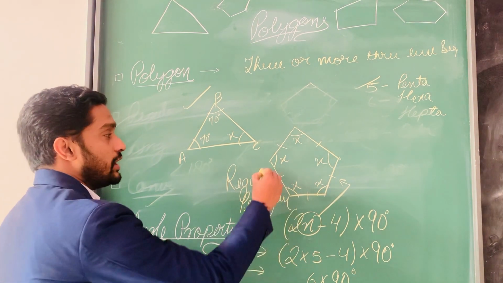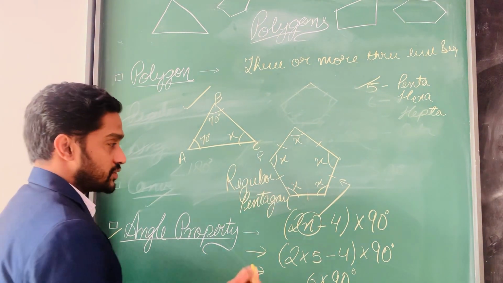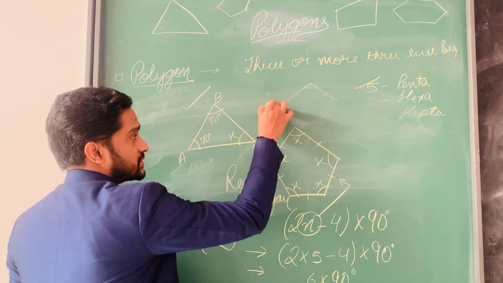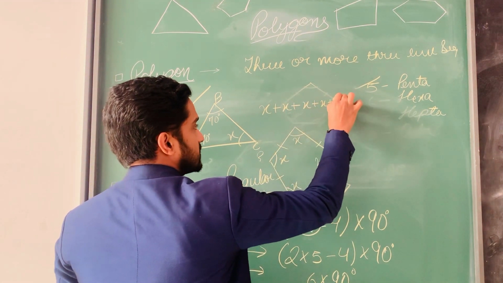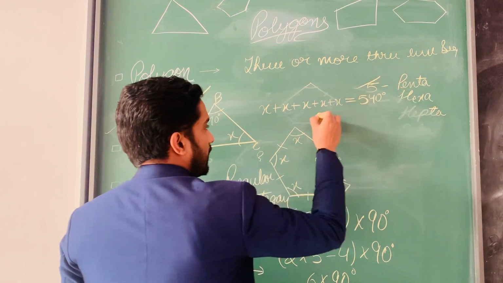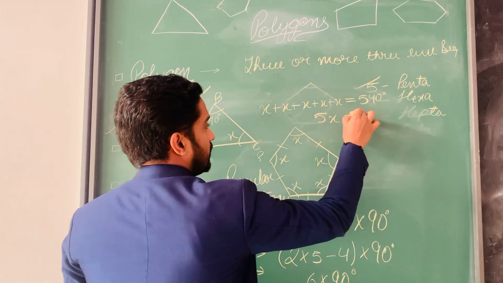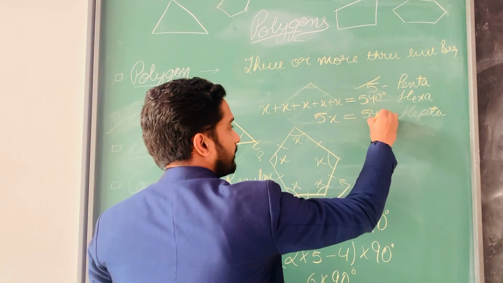The question is to find each angle of the pentagon. So we just add all the angles: x plus x plus x plus x plus x equals 540 degrees, and obviously that is 5x equals 540.